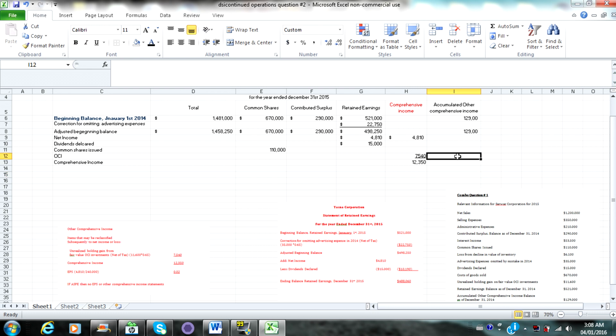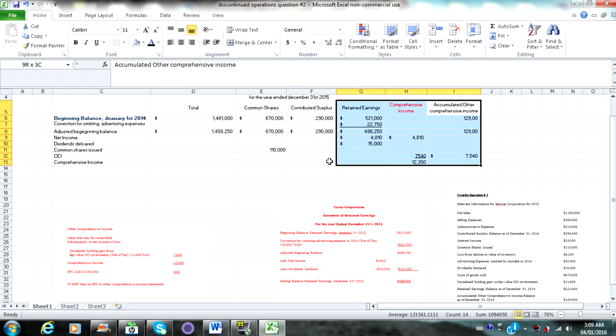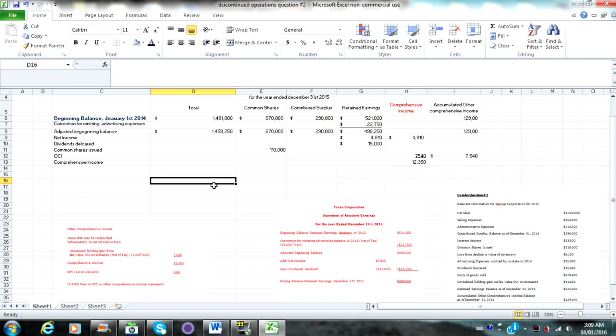If this doesn't make any sense to you right now, then just forget about it. All you need to know is that the only thing you're ever going to put in this column, other than the beginning balance, is other comprehensive income of $7,540. That's all you need to know. And now these columns are complete.